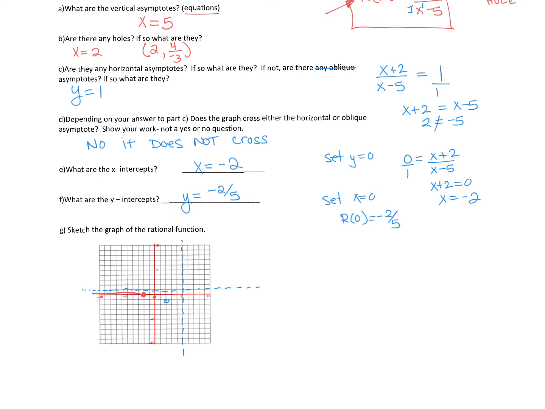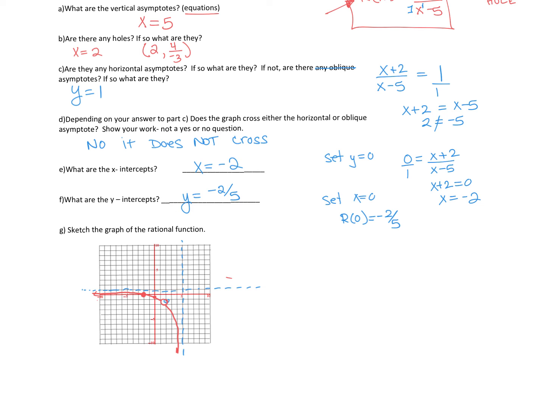I can tell right here it's going to go like this with a hole. And it might not be obvious to you what's happening to the right side of that vertical asymptote, but you do have clues there. I know that it's going to be above the asymptote because it doesn't cross the x-axis, and so if it were below, it would have to have another x-intercept, and we don't have that.